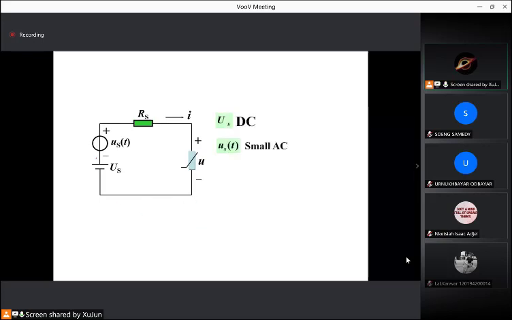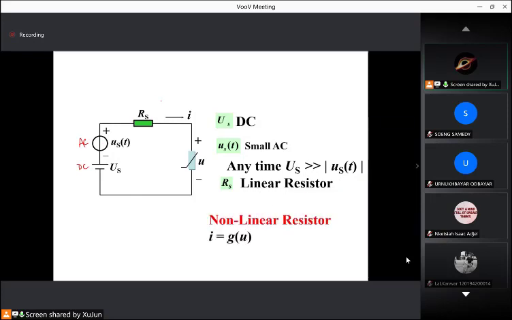A DC source, an AC source. The AC source is much smaller. At any time, the DC is much larger than the AC. The RS means a linear resistor. This means a nonlinear resistor.